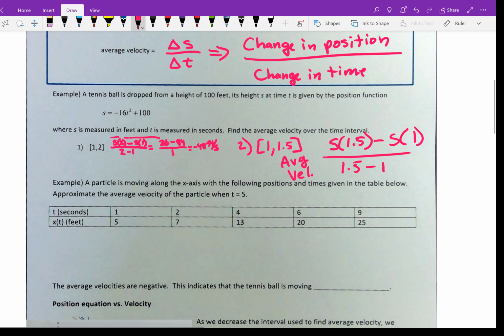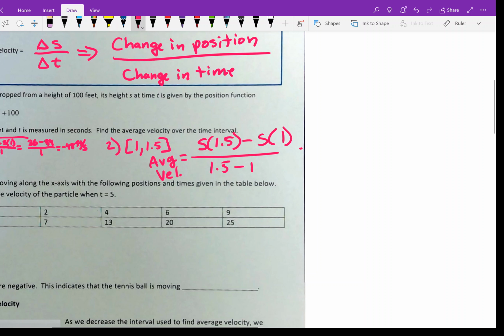I'm abbreviating here. On the top, if I plug 1.5 into that position function, I get 64. If I plug in the 1, I already know that that's 84. I already calculated that. And then I have 1.5 minus 1, which is going to be 0.5.